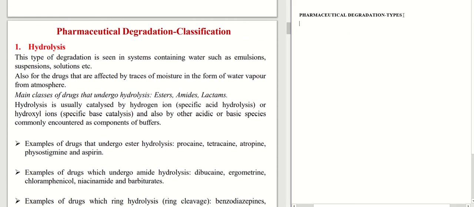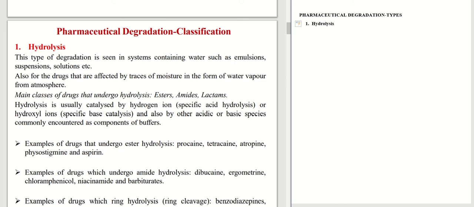The first one in this pharmaceutical degradation is hydrolysis. The name itself indicates: lysis means breakdown in the presence of water. So any chemical compound in the presence of moisture or aqueous medium will be lysed or broken down.